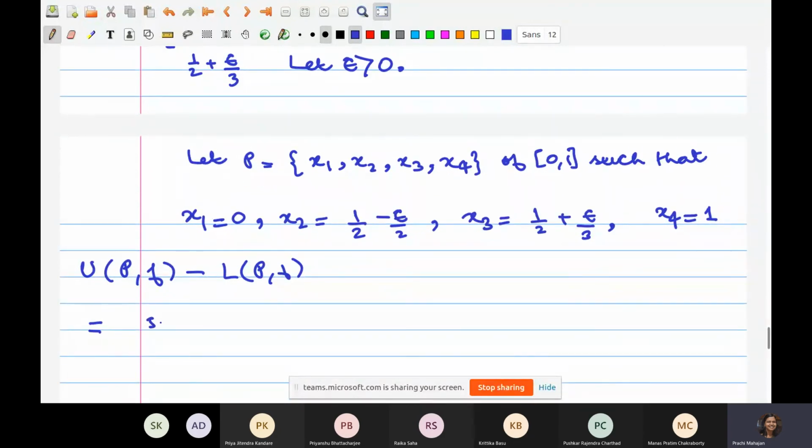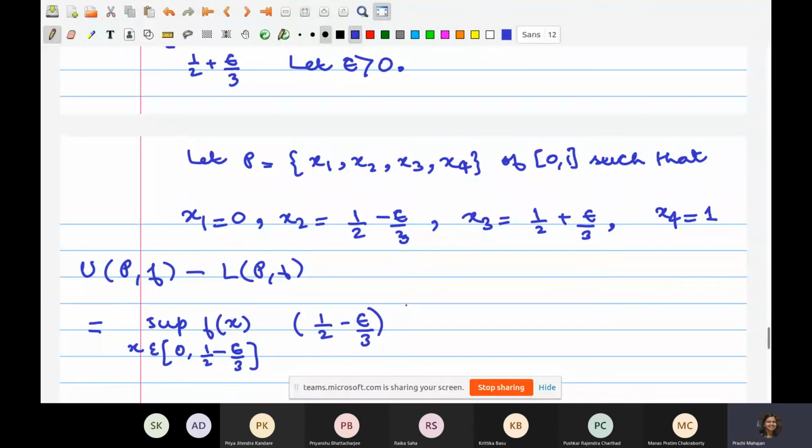The first thing, looking at the upper sum, is the supremum of f restricted to the interval [x0, x1], times the length of this subinterval. What is the length of this subinterval? It is 1/2 minus epsilon/3 minus 0.